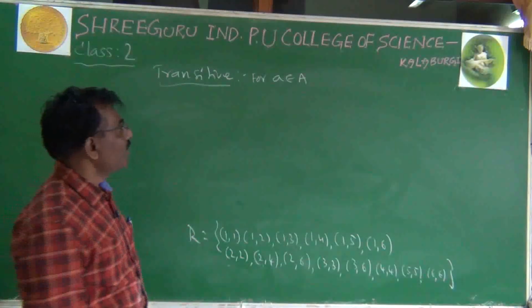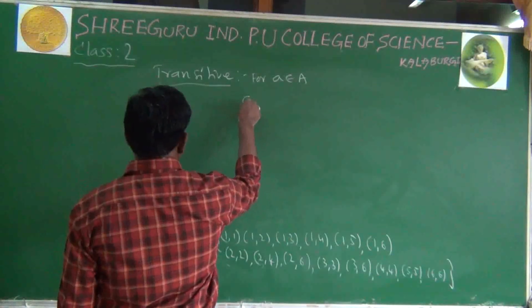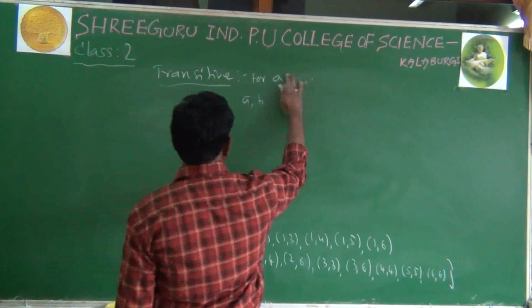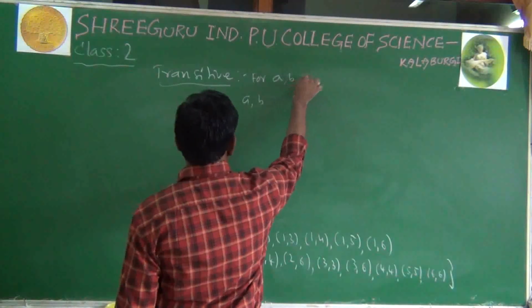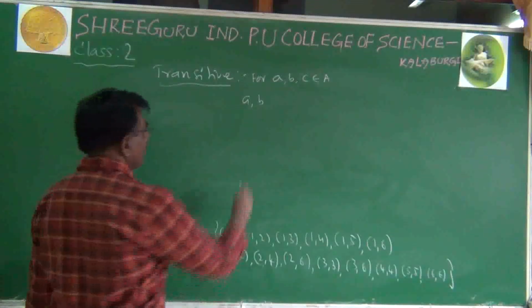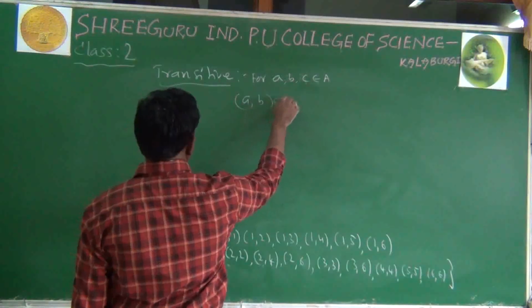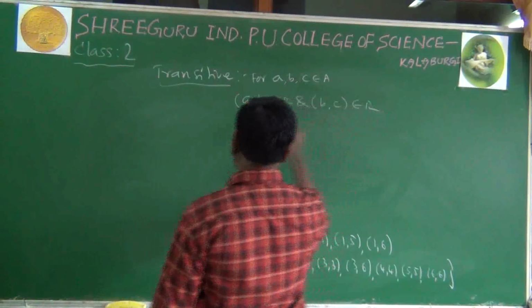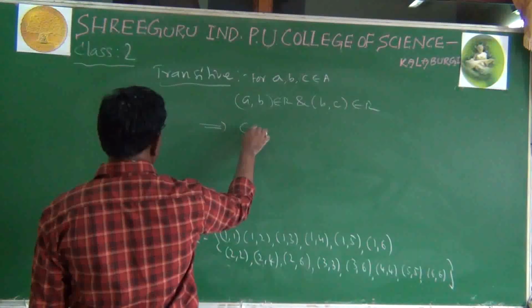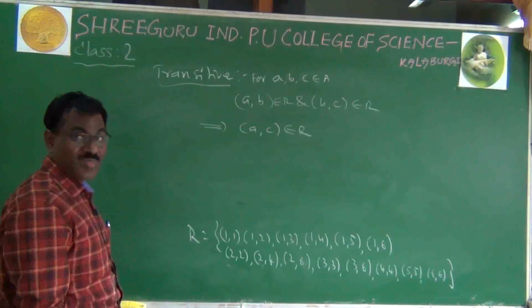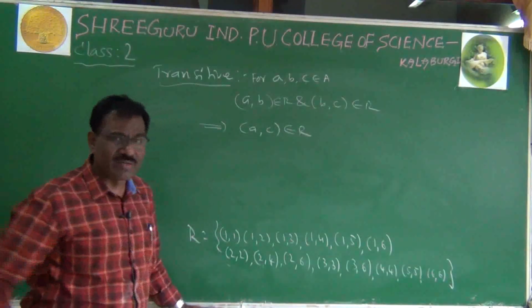Transitive means how many elements? 3 elements. For A, B, C belonging to A, if A comma B belongs to R and B comma C belongs to R, it implies A comma C belongs to R. Students are not satisfied.